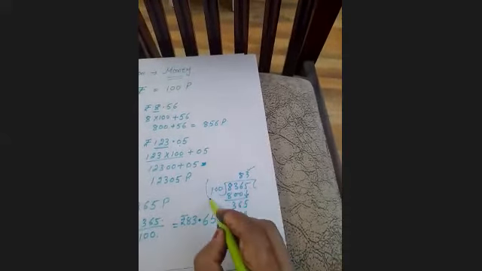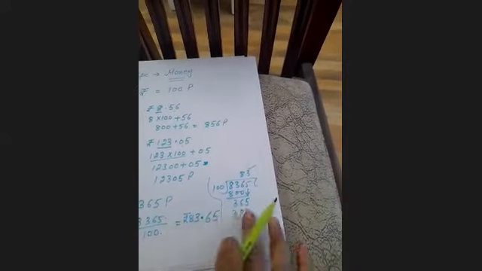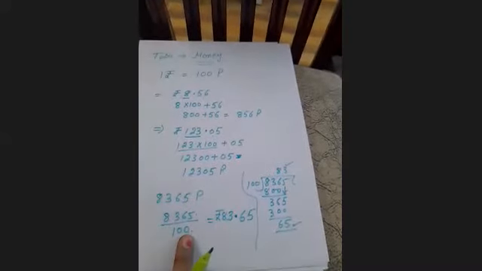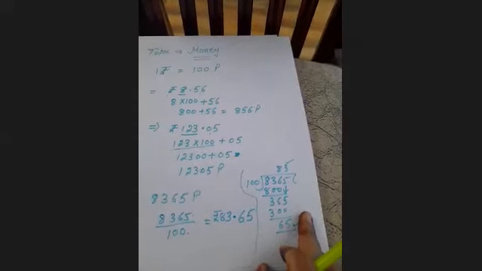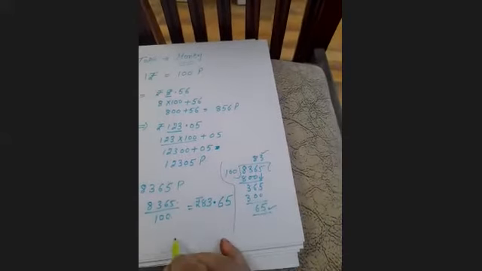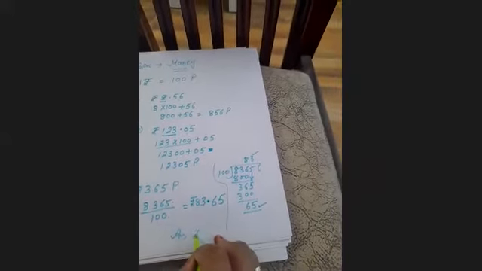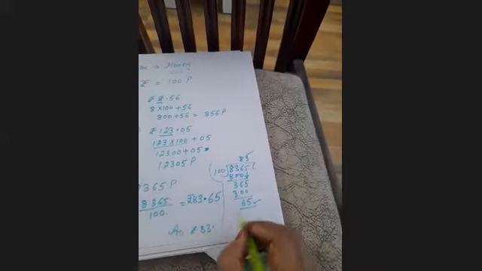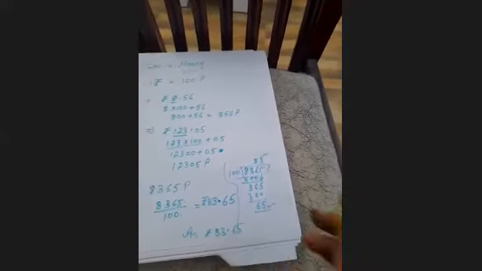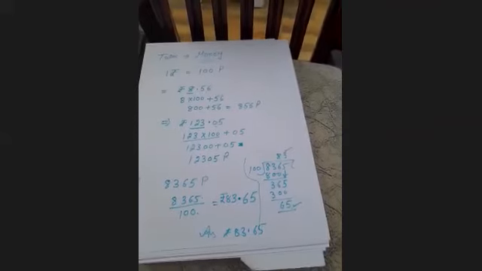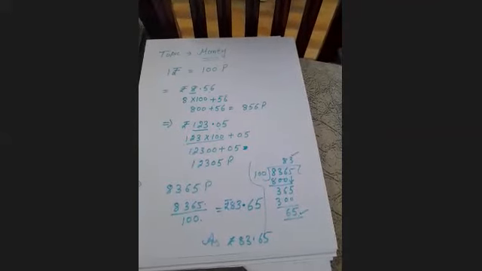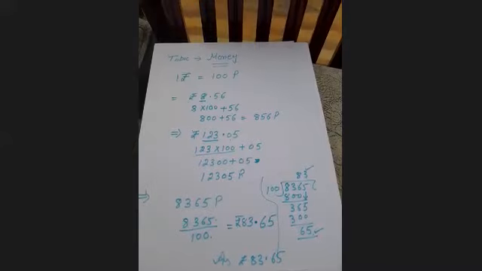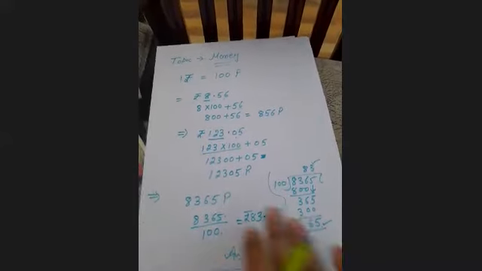You can solve these types of questions with two methods. This is a shortcut method. This is a long division method. So we get rupees 83 and 65 paise. Clear, students? So students, this is exercise 66.